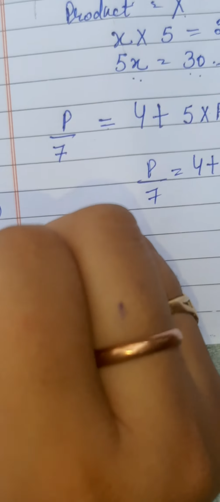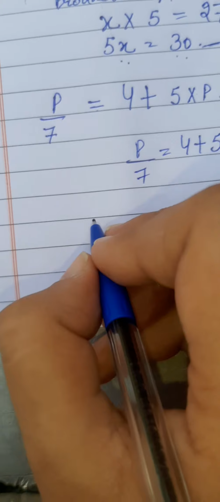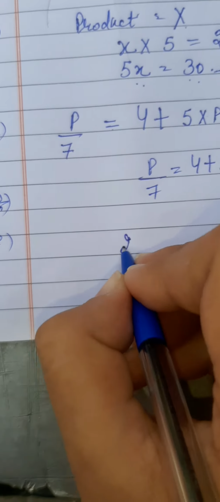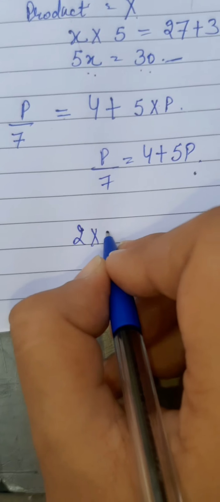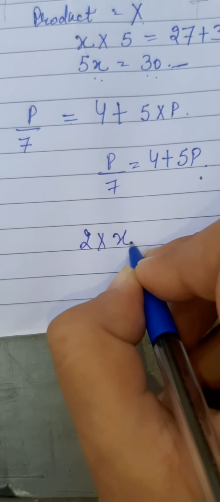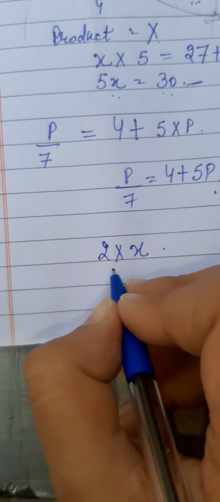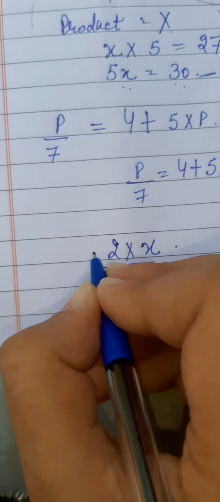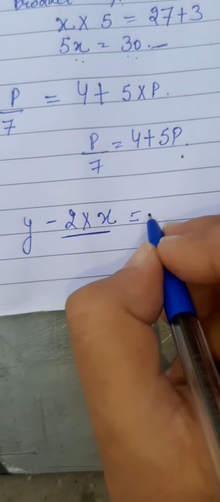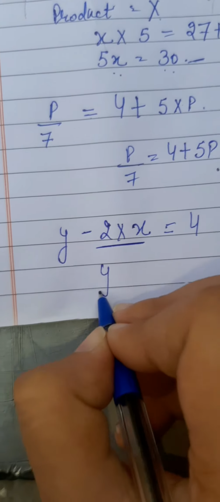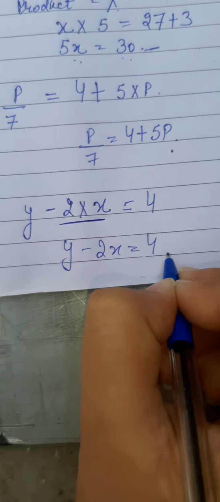Double of number x. Double means 2, twice or double, both are the same thing. Double of a number x is subtracted from y, meaning 2x is subtracted from y, and it gives 4. So the expression will be y minus 2x is equal to 4.